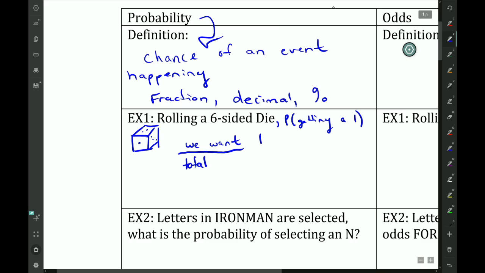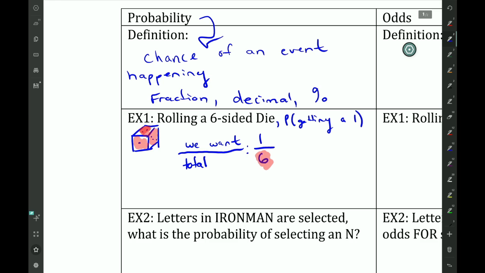There are 6 sides to our die. We want it to land on a 1, so there's a 1 out of 6 chance of that happening. Easy peasy stuff, rolling a die, 1 over 6.